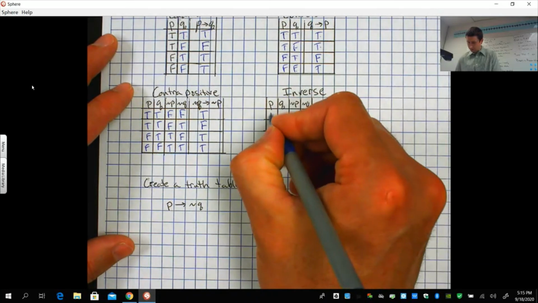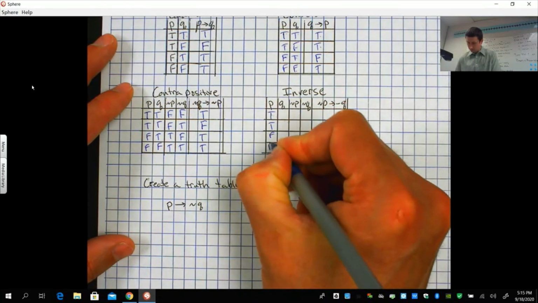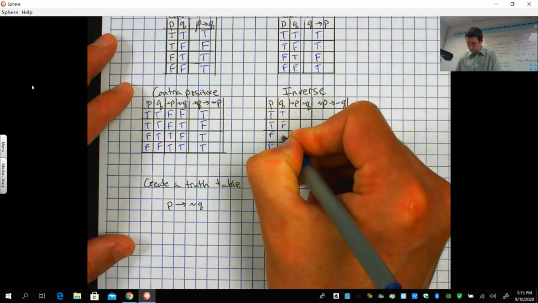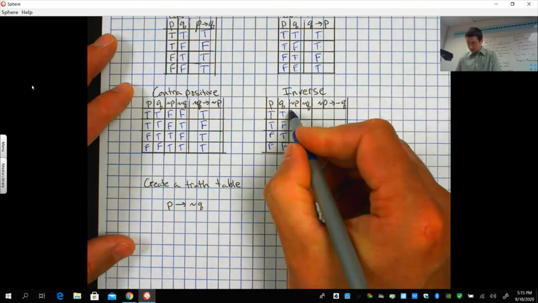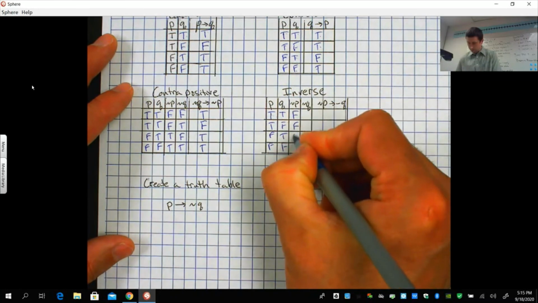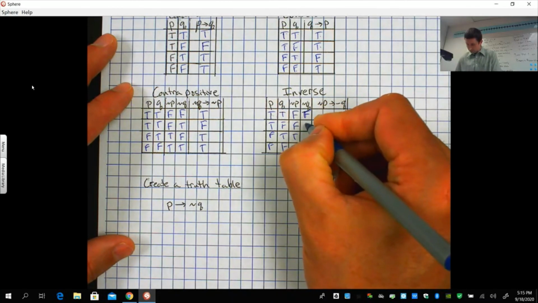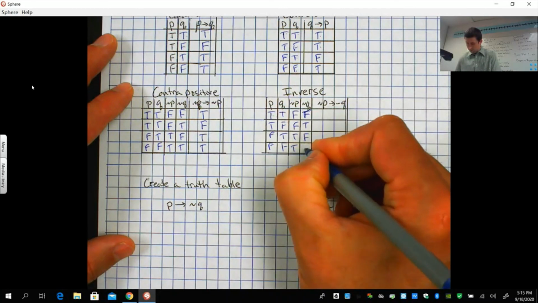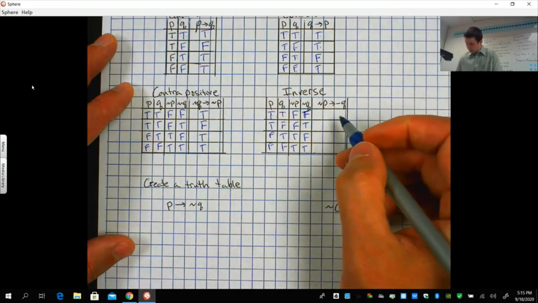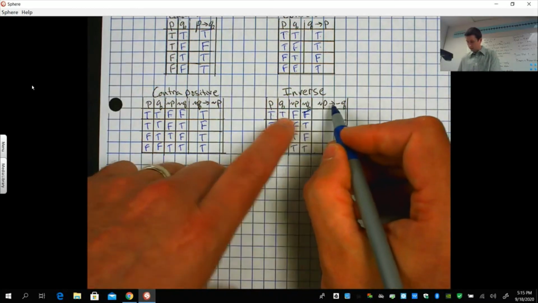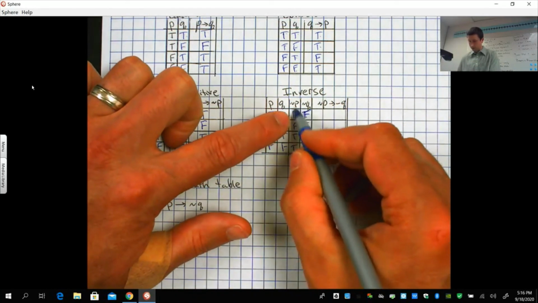Inverse. Set it up. True, true, false, false. True, false, true, false. Not P. False, false, true, true. Not Q. Oops, sorry. False, true, false, true. So not P implies not Q. So I'm going to start with the not P column.